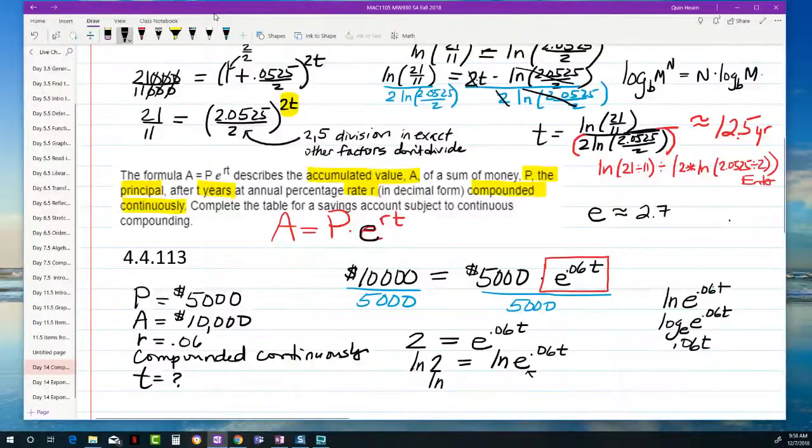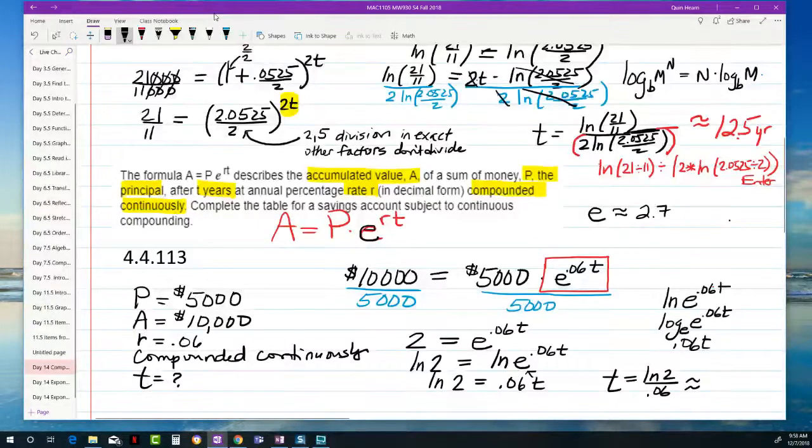So we have the natural log of 2 equals 0.06t. We're going to divide both sides by 0.06. So our t is going to be the natural log of 2 divided by 0.06, which is approximately what?